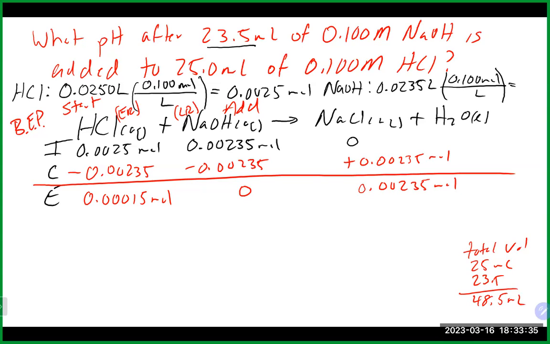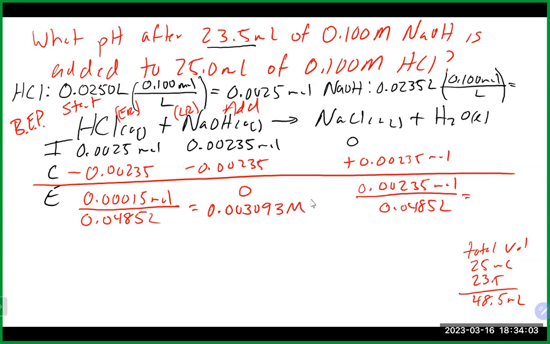That means we do need to convert it to liters. So we're going to divide this guy by 0.0485 liters. You could also do that one if you like. So that would get us 0.003093 molar.